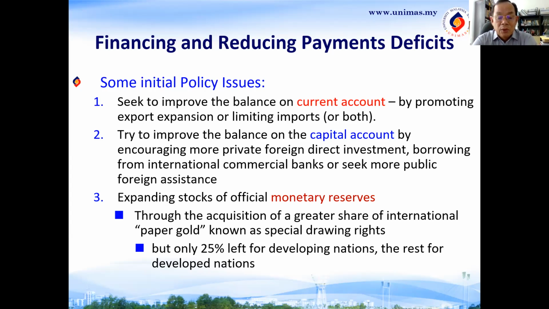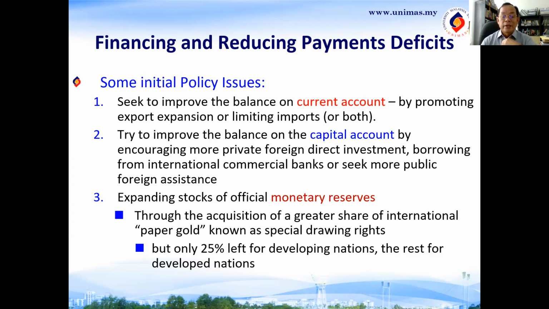It's called paper gold because it deals with the rights to withdraw the reserve tadi, from the international monetary reserve tadi. However, the issue is that only 25% of the right to withdraw the paper gold tadi is left for the developing nations, and the rest is actually for developed nations.